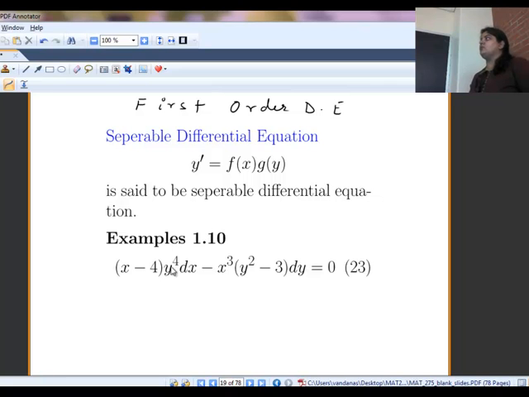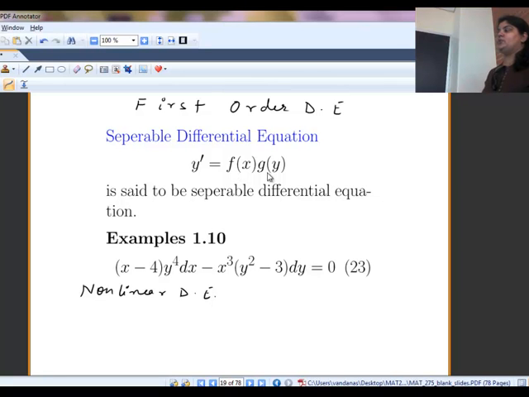Right, y square and y to the power 4 are making it a non-linear differential equation. I need to convert this equation into this format, and if I am able to convert it into this format, I will be able to solve it.